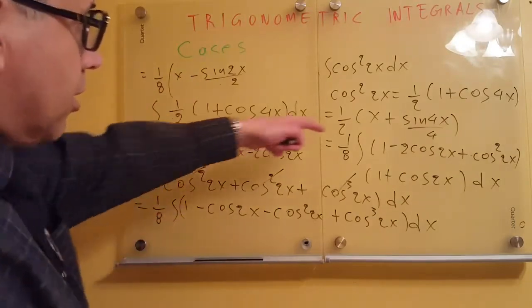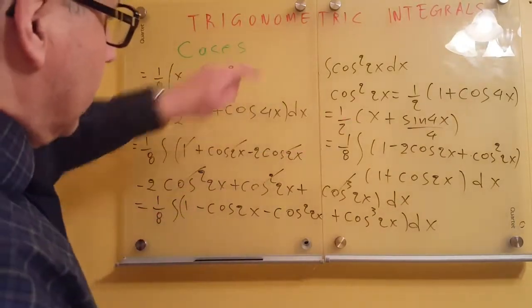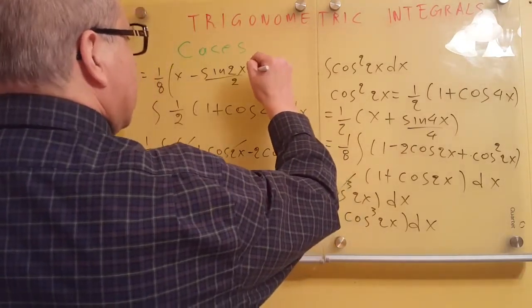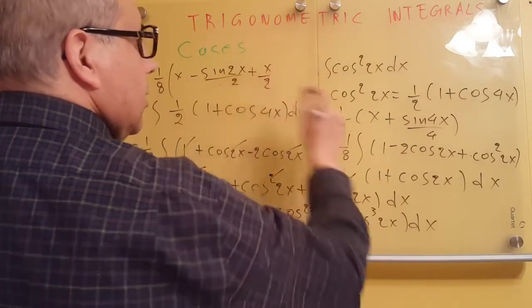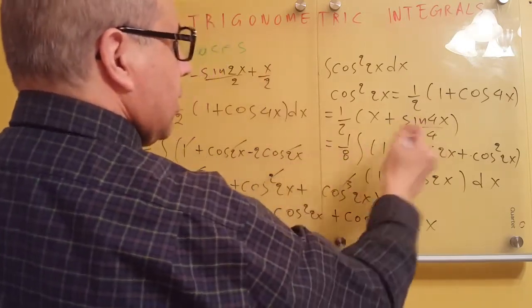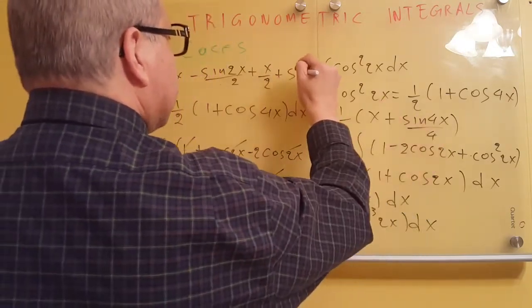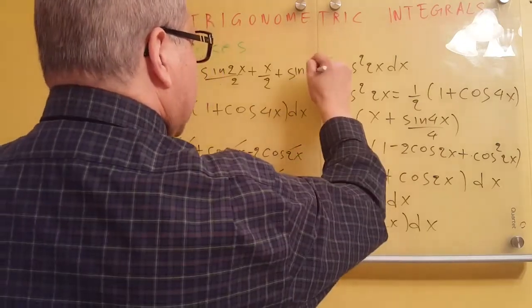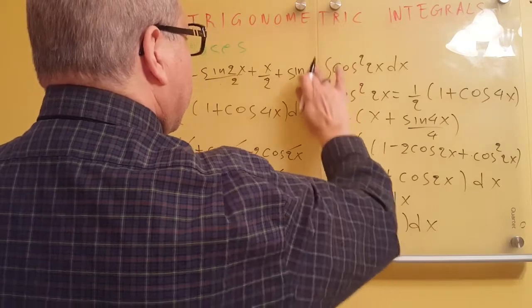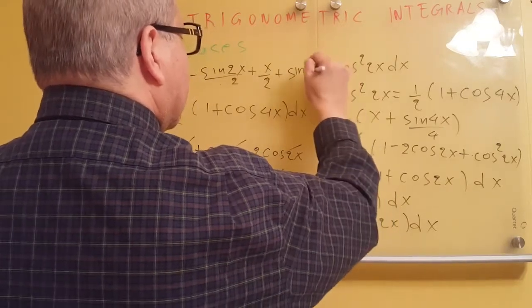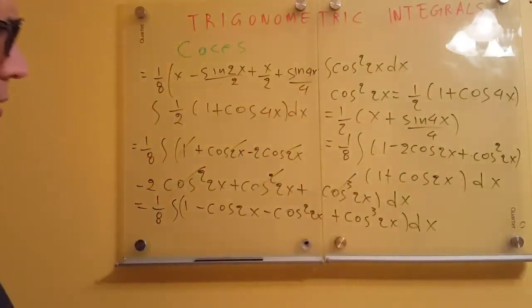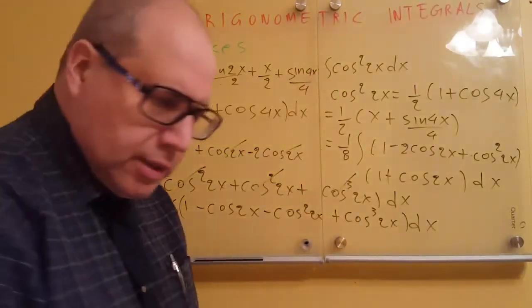So I can go and substitute everything here, so that will give me x over 2, plus sine 4x over 4.